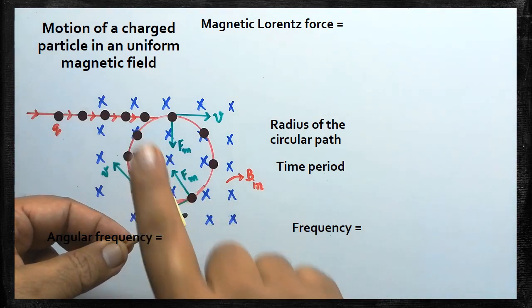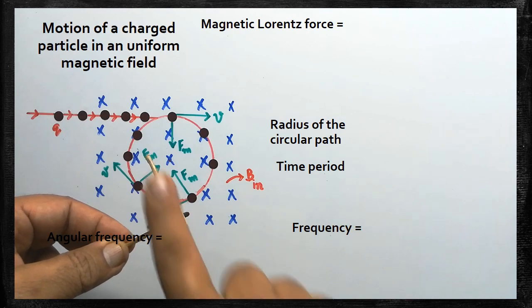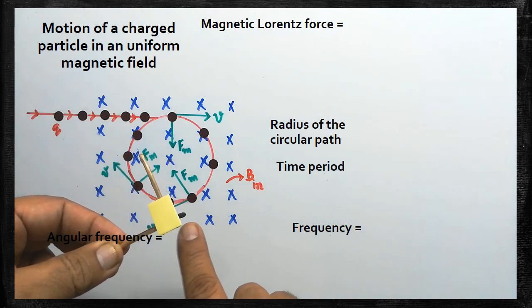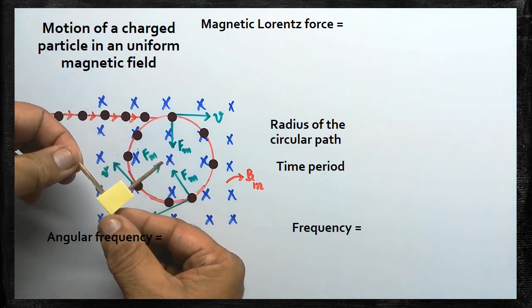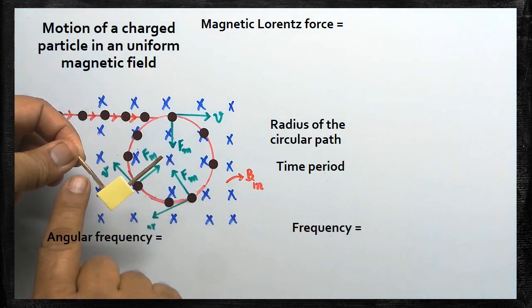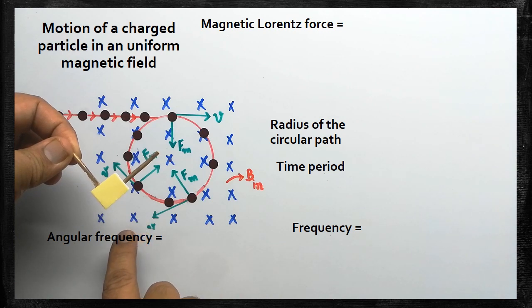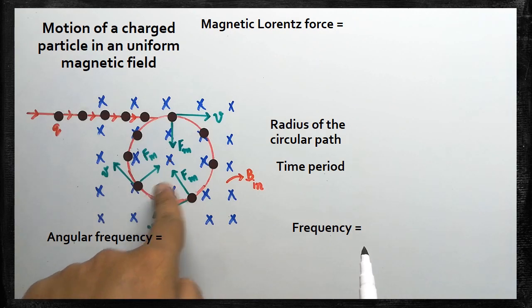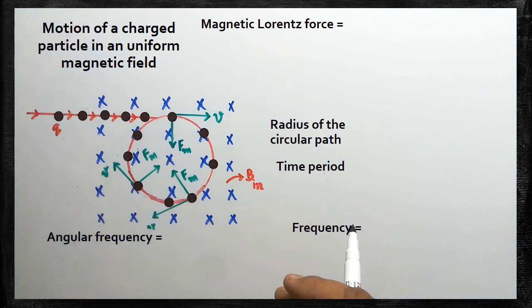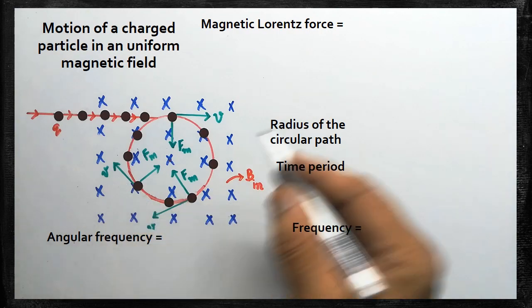Fm, the magnetic Lorentz force, is always acting towards the center, B is acting towards inward direction. I will bring it to a new position now. Look at the direction of Fm, V, B. Are you clear? So the conclusion is the magnetic Lorentz force is always acting towards the center. And it is perpendicular to the velocity also.